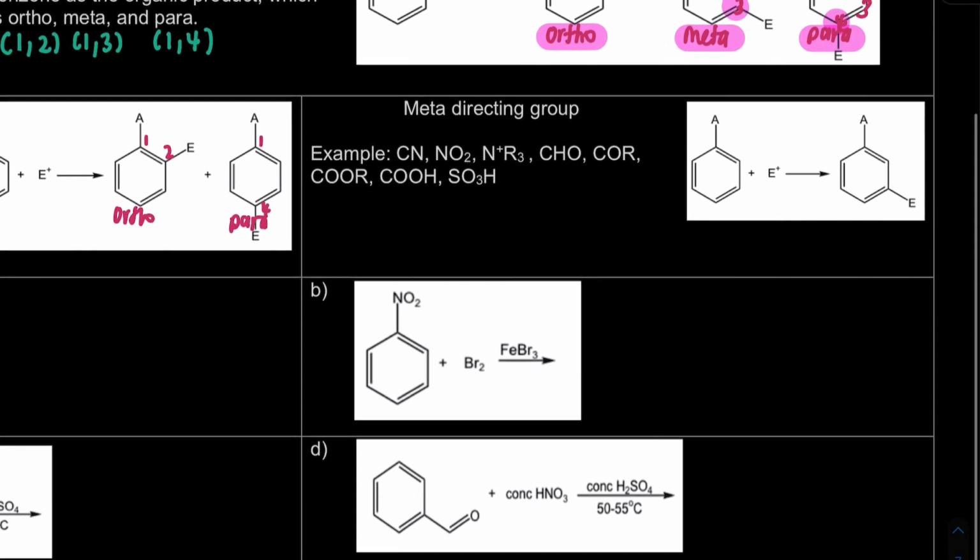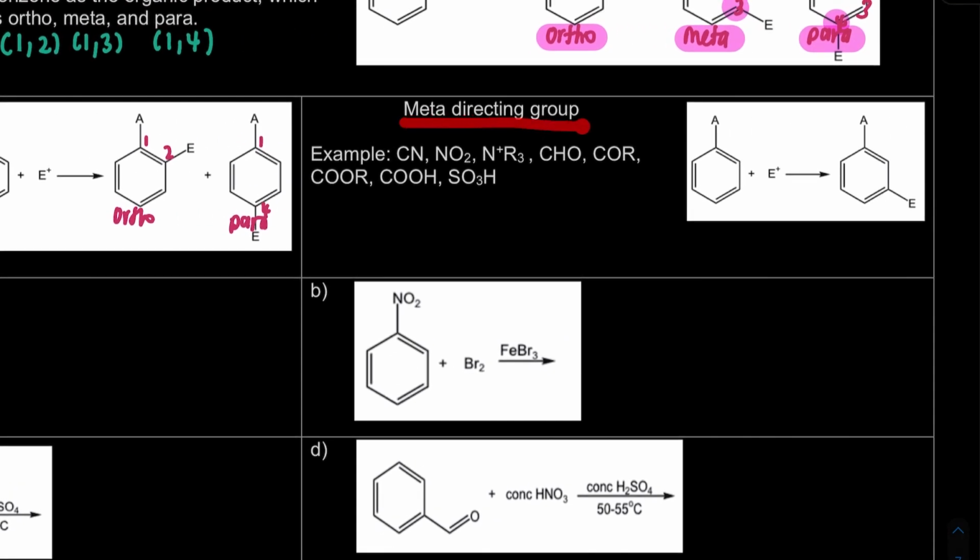For the meta-directing group, okay, it will be our CN, our cyanide, okay, and then we have NO2, our nitro. Here, the CHO, or this one, if you see your C double bond O. Okay, so for this case, if you see your compound, we have C double bond O, it's either attached to hydrogen, another carbon, or OH.